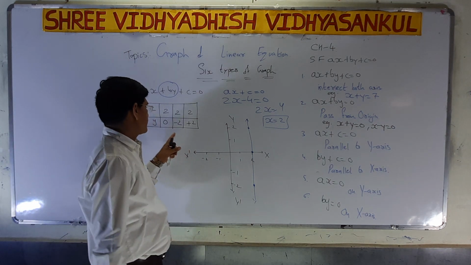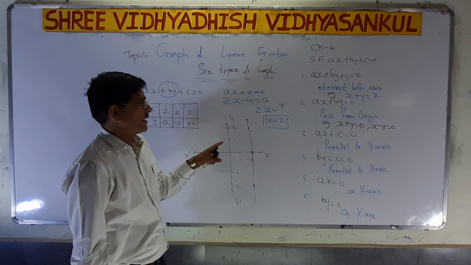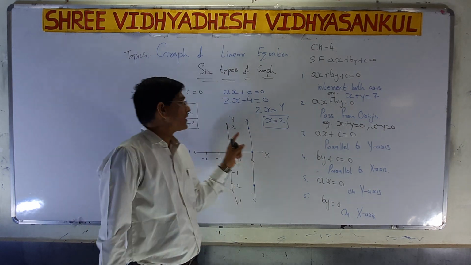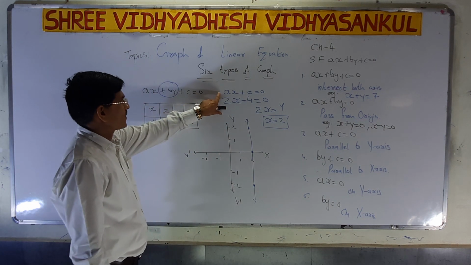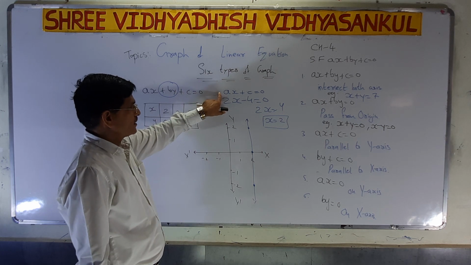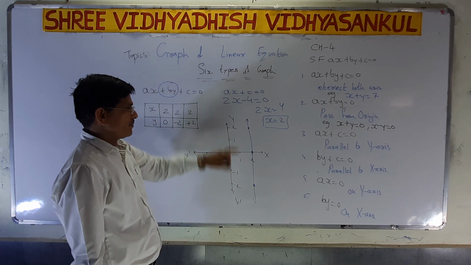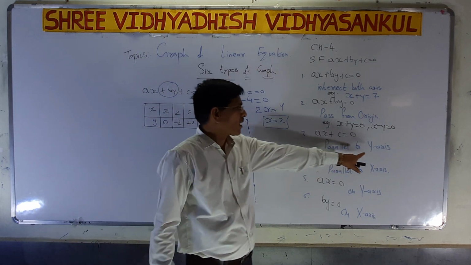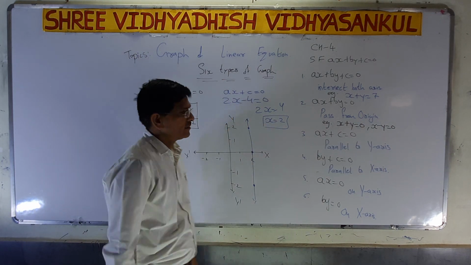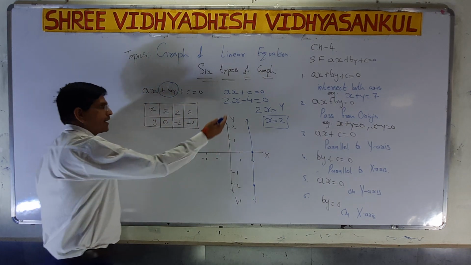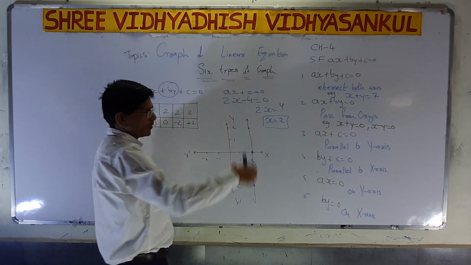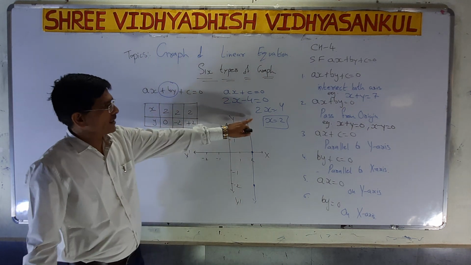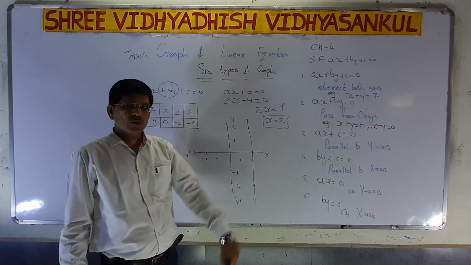When it is parallel to the y axis, again I say x is equal to 2, or an ax plus c type graph. An ax plus c is equal to 0 type graph is always parallel to the y axis. One example that we have taken, 2x minus 4 is equal to 0, 2x equal to 4, x equal to 2.